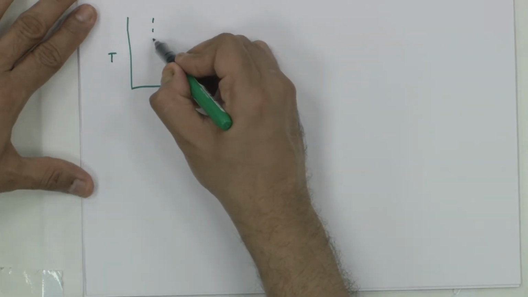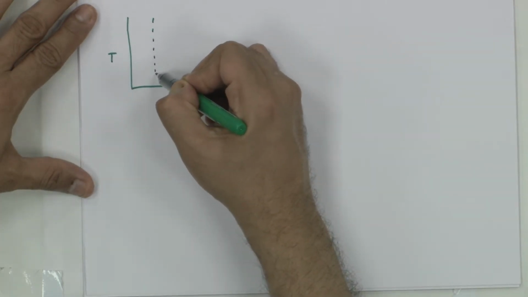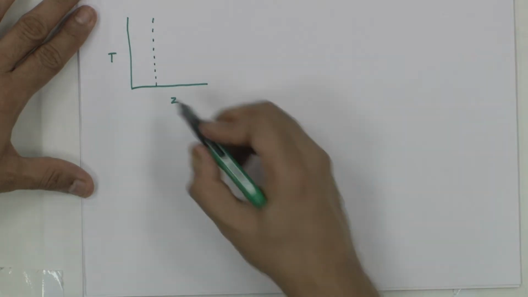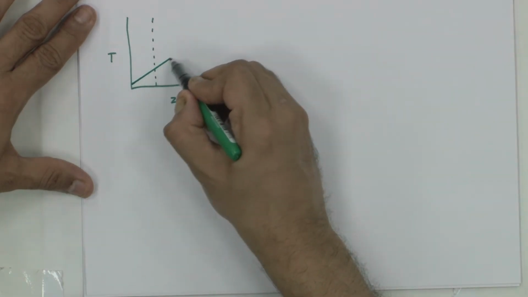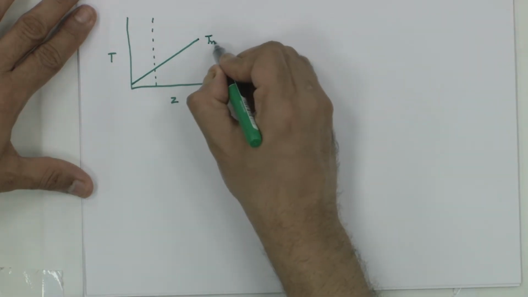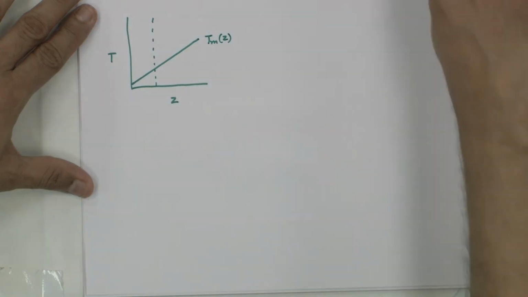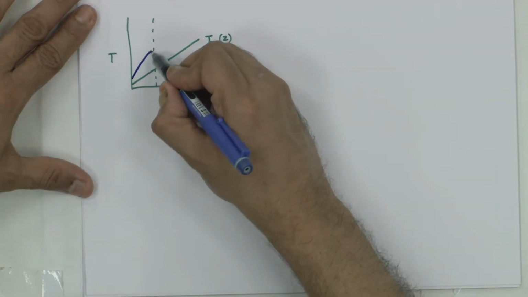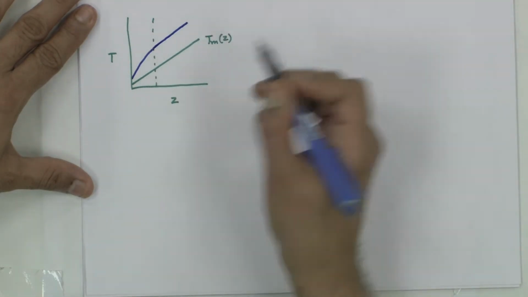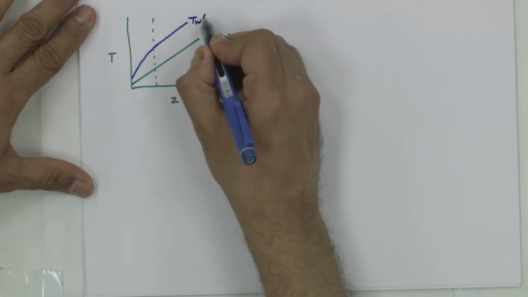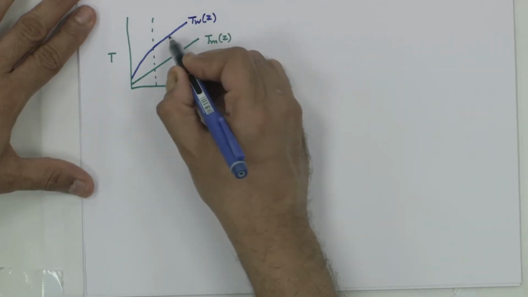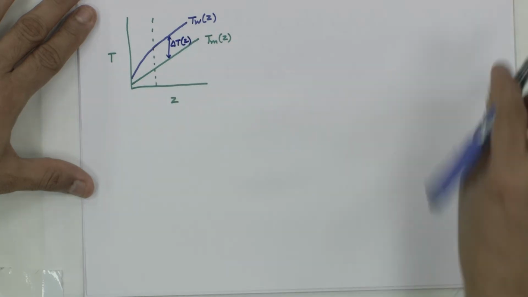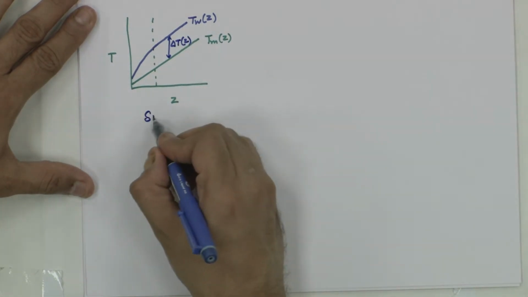I would have what is called the entrance region, and you have drawn this also, T bulk mean as a function of z, and wall temperature would do this, and for constant wall heat flux case the temperature difference delta T is going to be constant. This all you have seen. So, this is all for single phase.